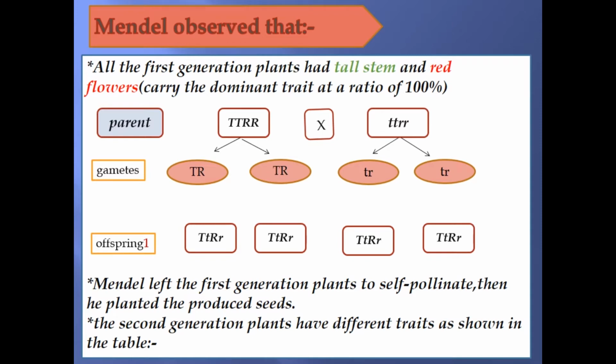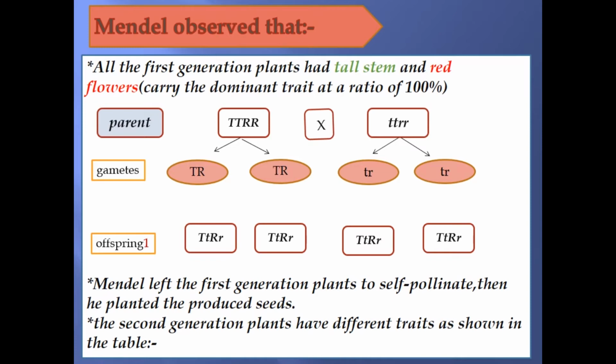Gametes contain half of the number of the genes that the parent cell contains. So, if any trait is represented inside the parent cell using two genes, inside the gamete, the trait is represented by only one gene. So, the genotype of gametes will be T capital, R capital, or T small, R small.